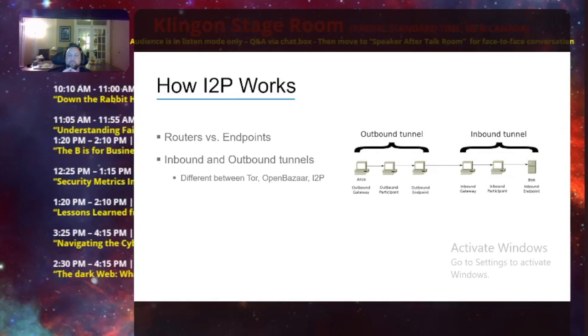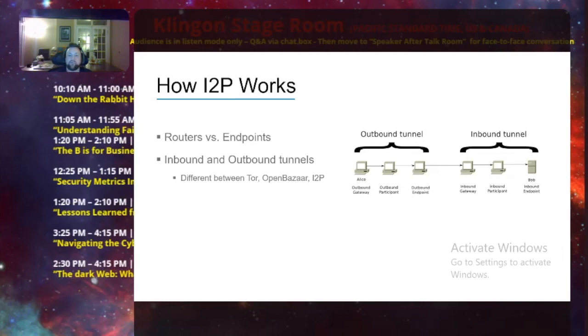So the first thing is I2P makes a very strict separation between the software participating in the network, so the router that you're running, and the anonymous endpoints or servers that are associated with individual applications that you're running on your system.